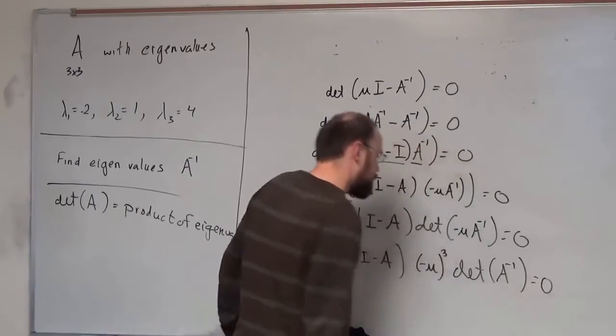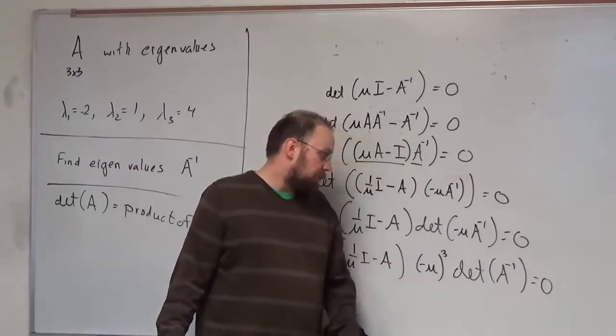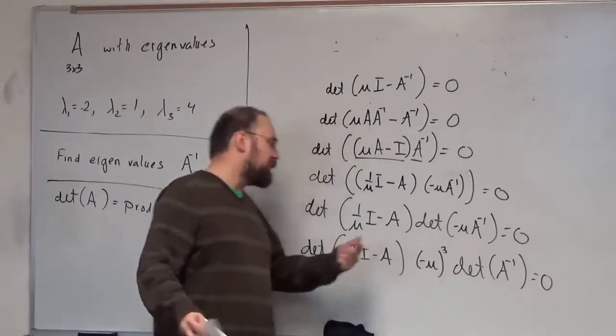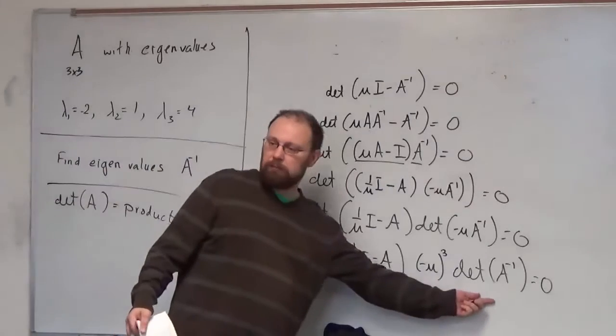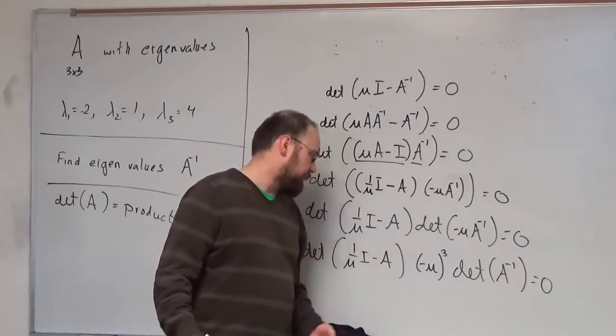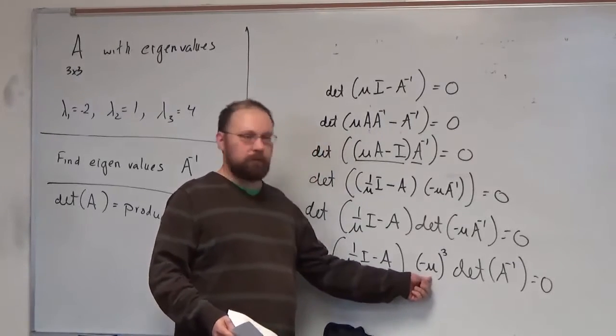And what can I say about the determinant of A inverse? For sure I can say it's the reciprocal of the determinant of A, and that's going to be non-zero. It's not 0 because A is invertible. What about this one, is it possibly 0?